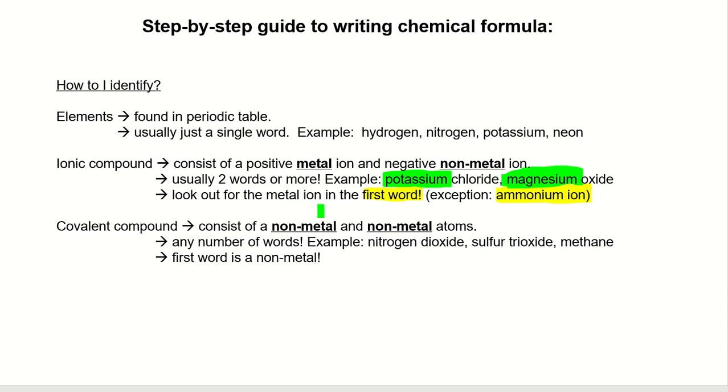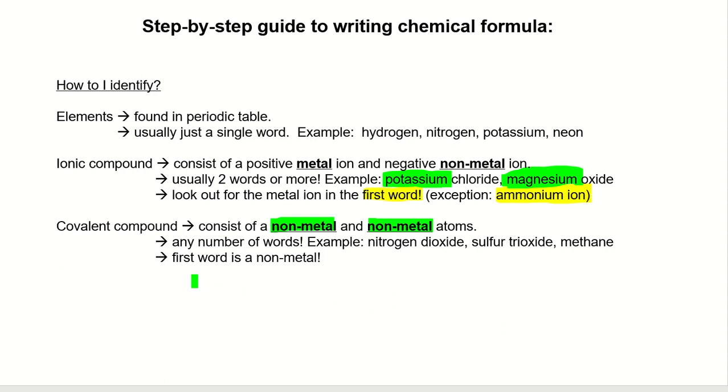Covalent compound consists of non-metal and non-metal atoms. So usually what we do is we just look at the name again and determine by looking at the name itself. Usually the name of a covalent compound can be any number of words. Some examples are nitrogen dioxide, sulfur trioxide, methane.